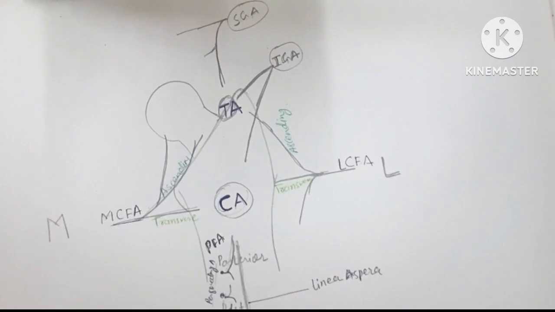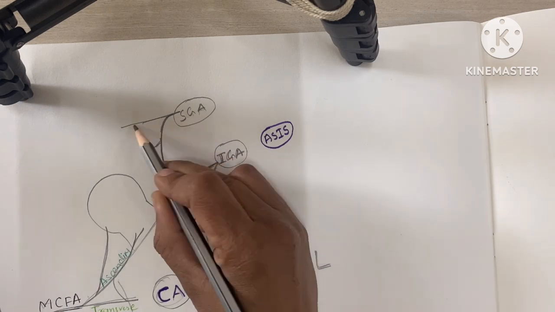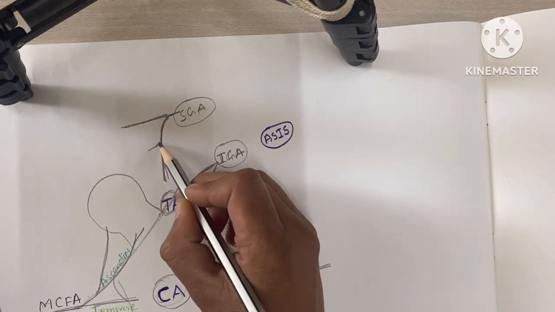The third anastomosis is the spinous anastomosis. It is formed around the anterior superior iliac spine.